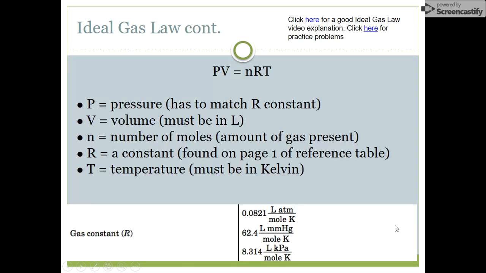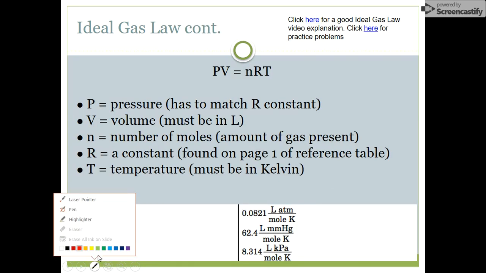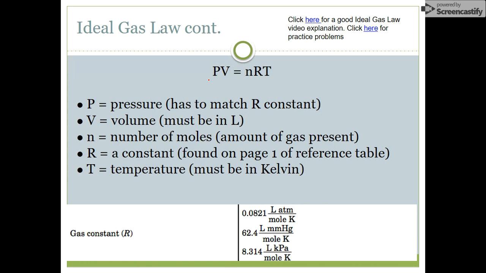All right. So here is the equation. It is PV equals nRT. Now to define the parts, P is pressure, and it has to match something called the R constant. If you look at the very front page of the reference table, there's a section called gas constant R, and you're going to see 3 different numbers.